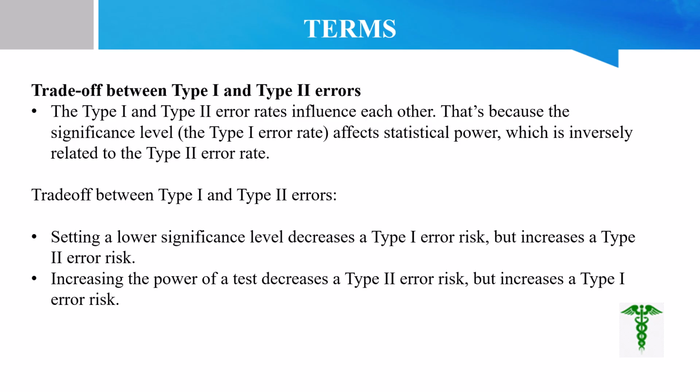If we lower the significance level, the type 1 error risk decreases, but the type 2 error risk increases. And if the power decreases, meaning type 2 error increases, we can expect an increase in type 1 error risk. Both errors are interrelated.